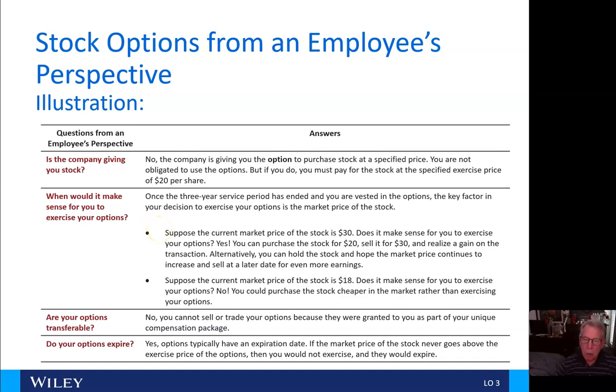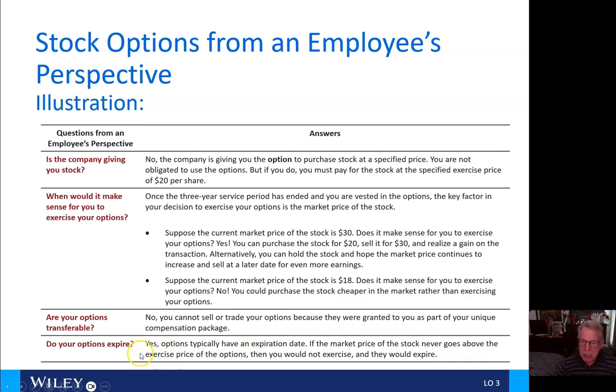Now, suppose the current market price is $18. Does it make sense? No, you're not going to purchase the stock at less than your exercise price. You would lose money doing that. Are the options transferable? Generally not. You cannot sell or trade your options because they were granted to you as part of your unique compensation package.